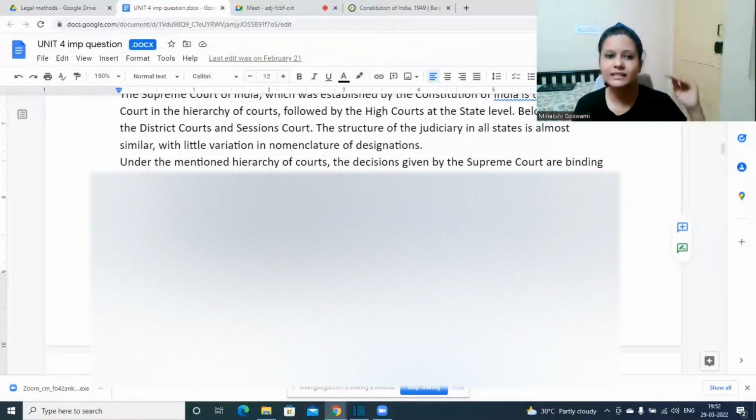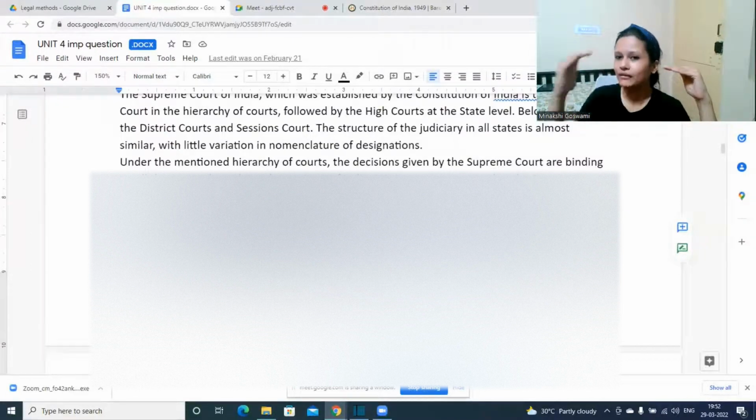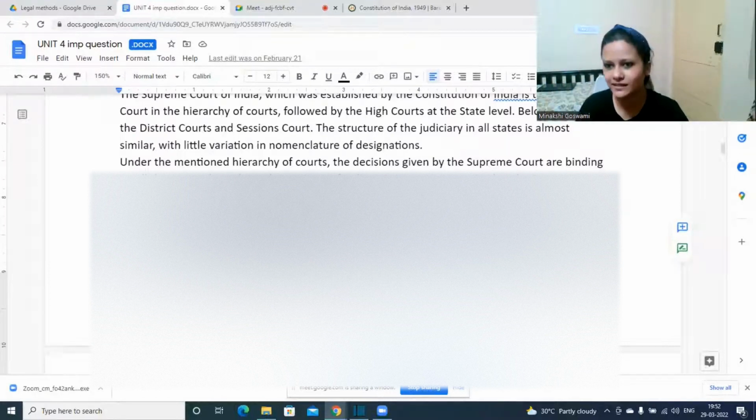That means in case a decision is given by one high court, it would be binding on its subordinate courts within that state. But for another high court, it would have persuasive value. If you feel that is a good decision, you can consider it. If you think that is not a good decision, you can give a decision against it also. It depends on you whether you want to follow it or not.